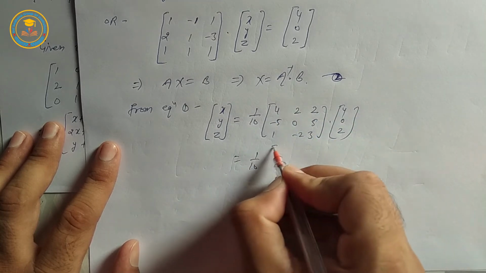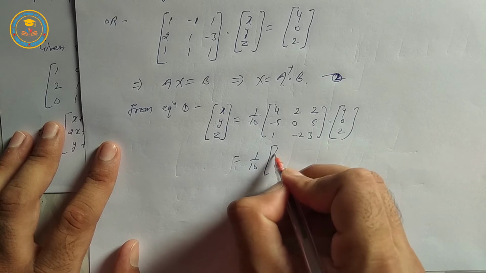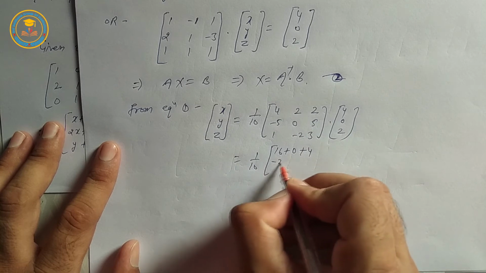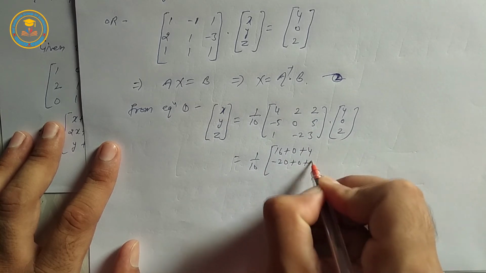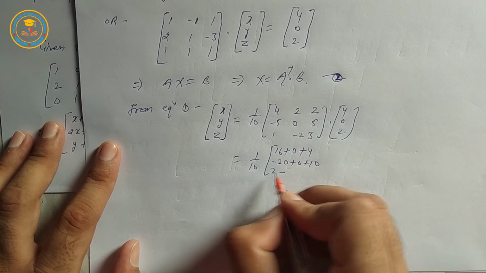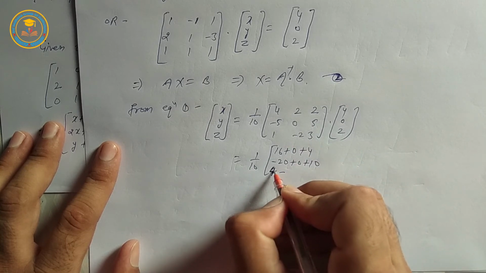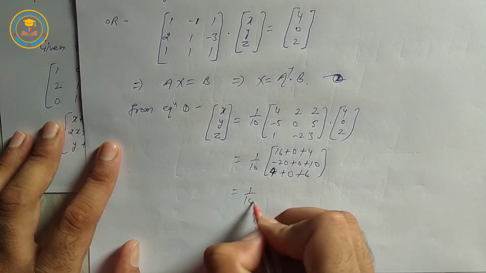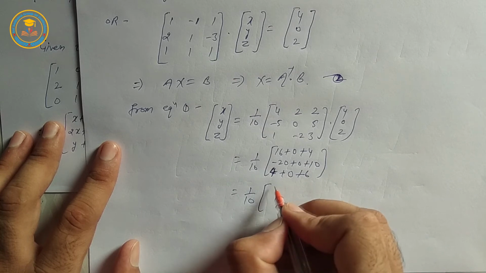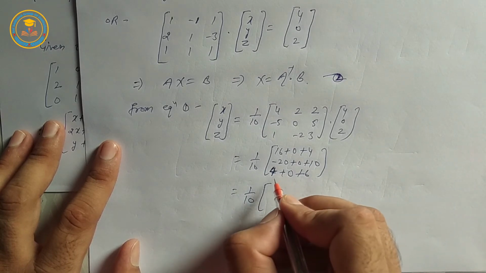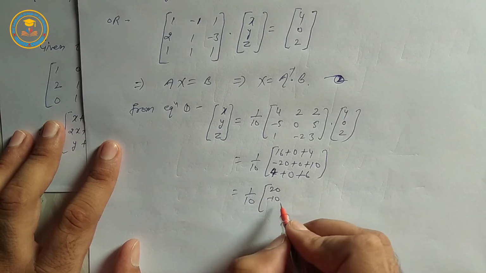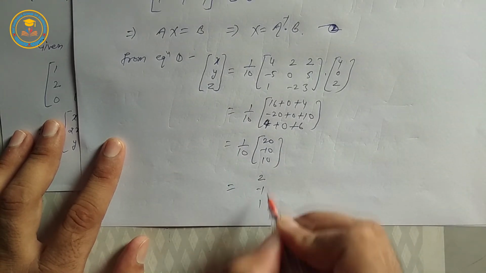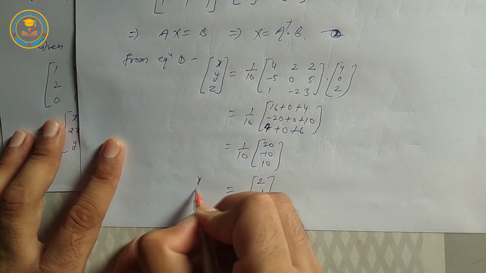1 by 10 into, second row first column, minus 20 plus 0 plus 10, 2 into 4 plus 0 plus 6, is equal to 1 by 10 into 20, minus 10, 10, is equal to 2, minus 1, 1, x y z.